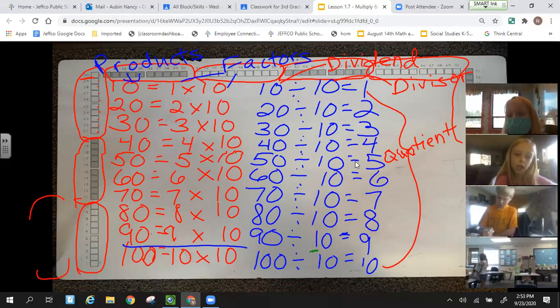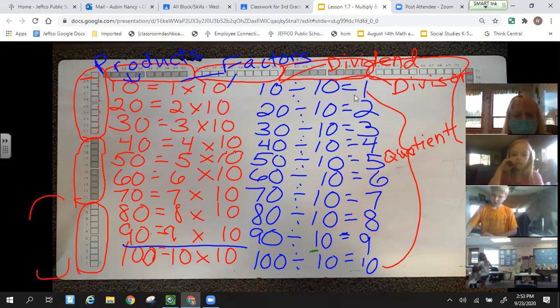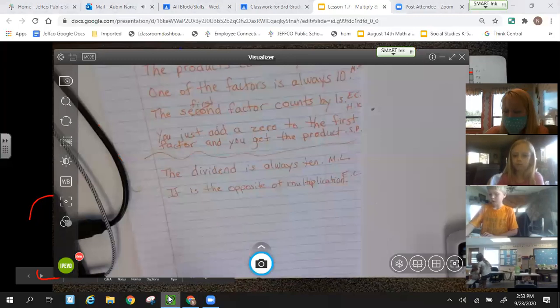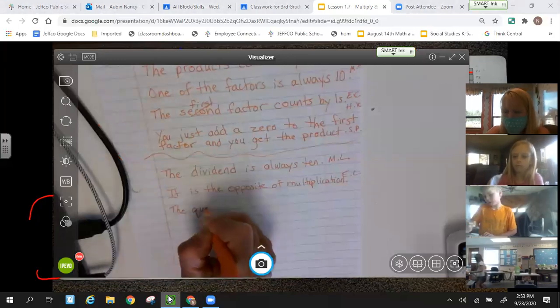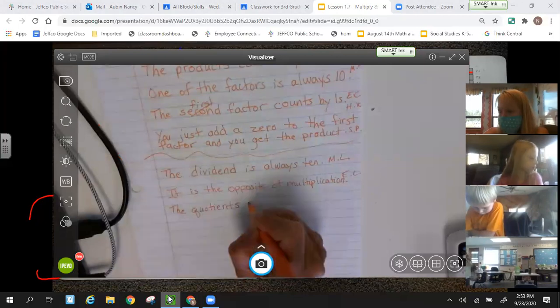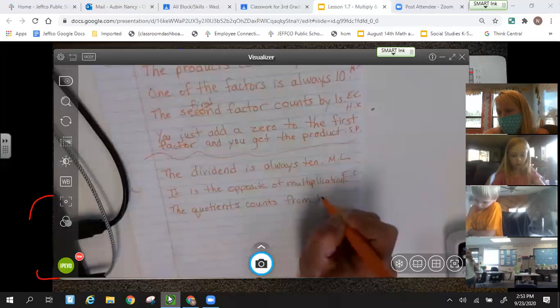Okay, so if you didn't hear that, Abby said that the quotient, which is the answer to a division problem, counts by ones all the way to 10. I'll write that down. The quotient counts from 1 to 10.